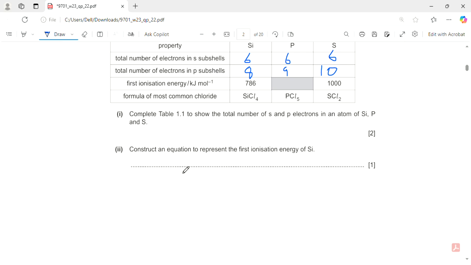For the first ionization, you can see from the data booklet, but now you should know that it is in the gas phase, and because it's the first ionization energy, we have Si gas going to Si positive gas plus an electron. So move to the next part.